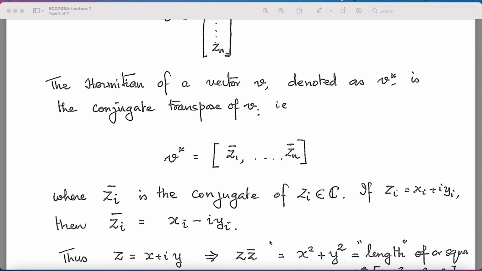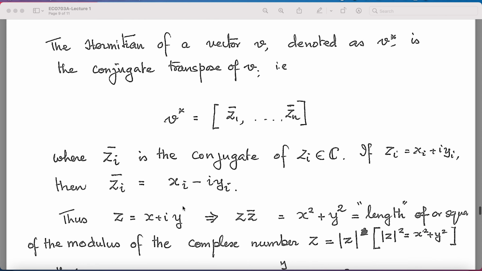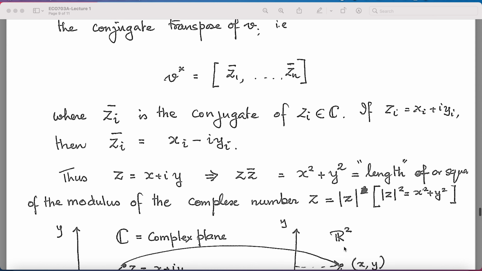Of course, Z conjugate means that if Zi is xi plus iy, Zi bar is xi minus iy, where i is root over minus 1. If Z is equal to x plus iy, Z bar times Z is x square plus y square, which is the modulus of the complex number, the length of the vector joining 0, 0 to the point x plus iy.